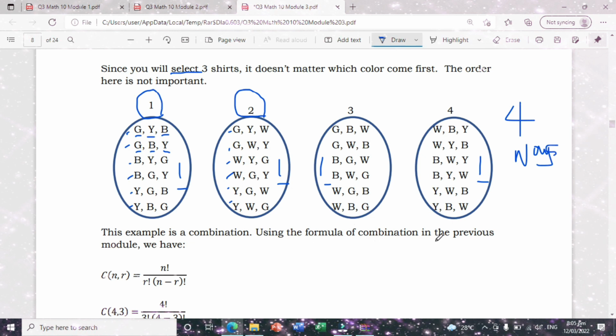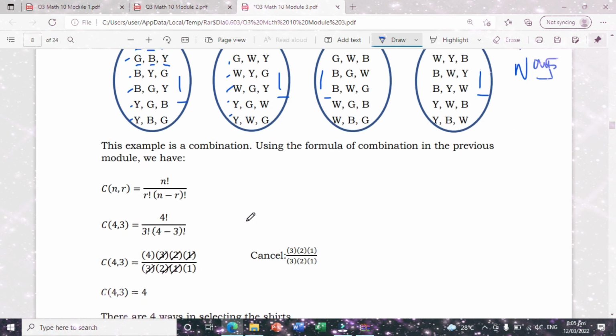Using the formula of combination in the previous module, take note ha, yung order doesn't matter. So, combination yan. Yung n natin, out of 4, you are just selecting 3. Yung 3 na yan is considered as yung value ng r.